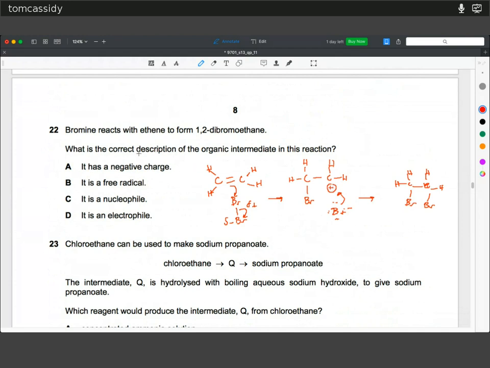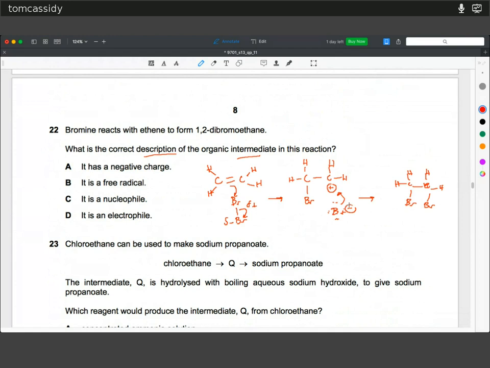So what's the correct description of the intermediate? Well, it's got a positive charge. And anything that's got a positive charge is going to be attracted to negative charges. And so if it's seeking negative charges, a bit anthropomorphic, but it's electron loving, or it likes electrons.